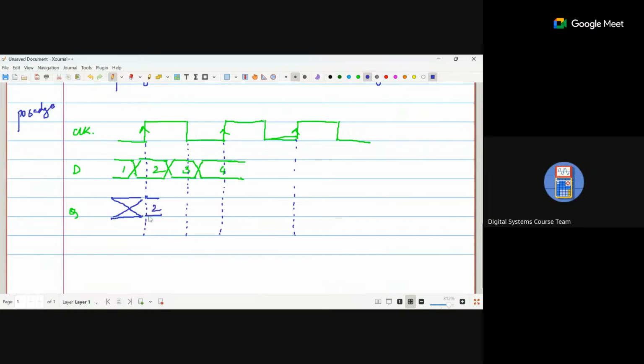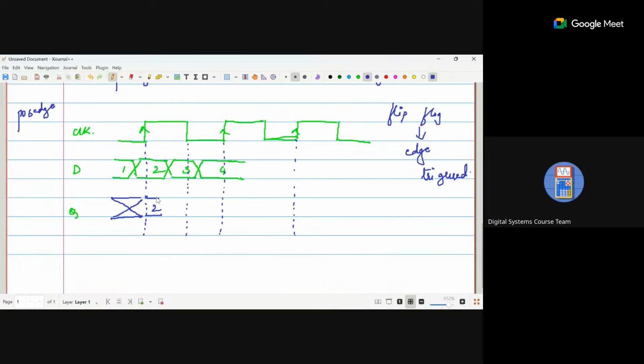And you see that we always call flip flop as edge triggered. It is called edge triggered. So now at this edge we had our D input as 2.